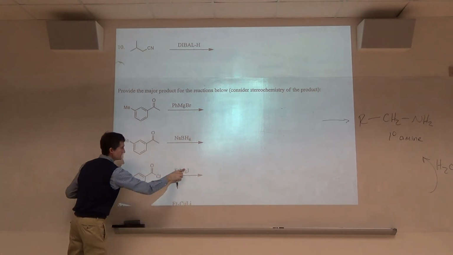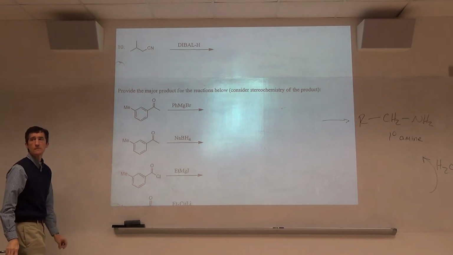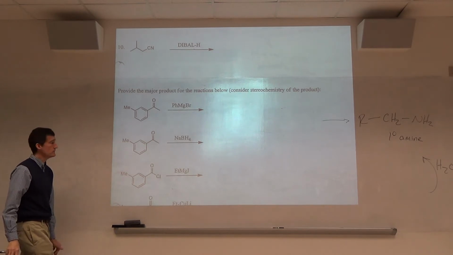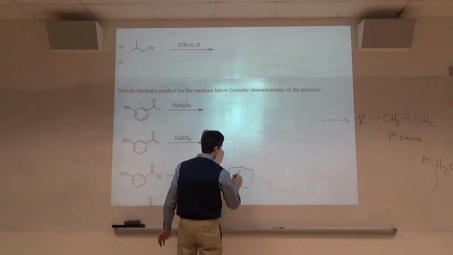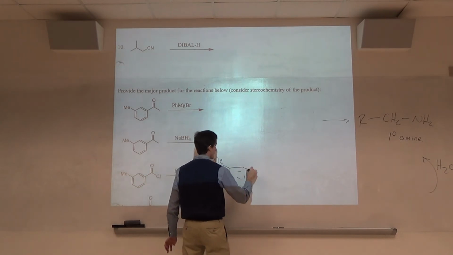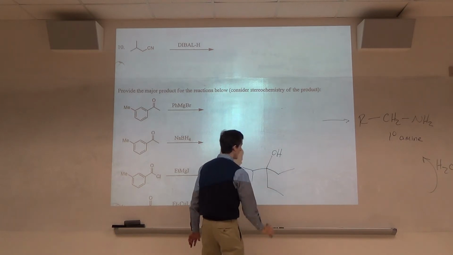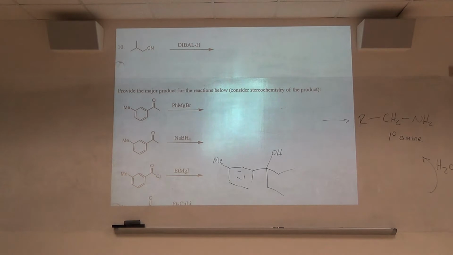Okay? Acid chloride, Grignard. What's the product? Somebody got it? There's your two ethyls off of it. This tertiary alcohol. How do we do? Questions about that one?